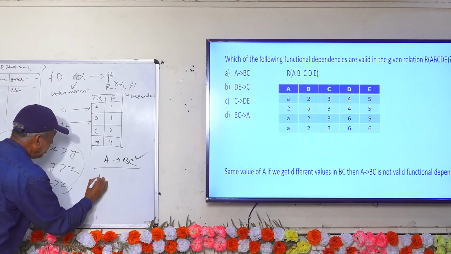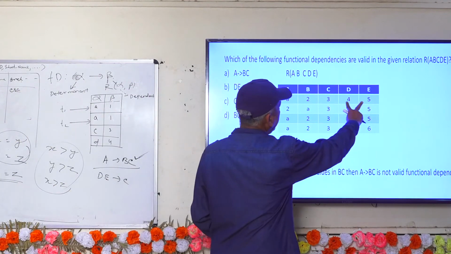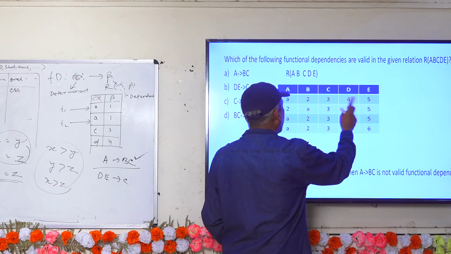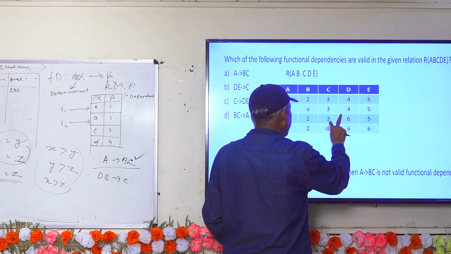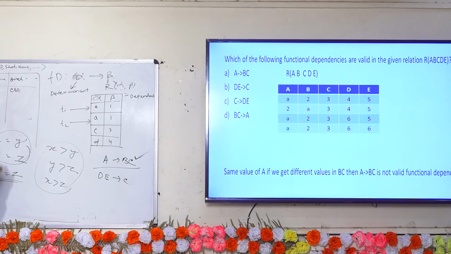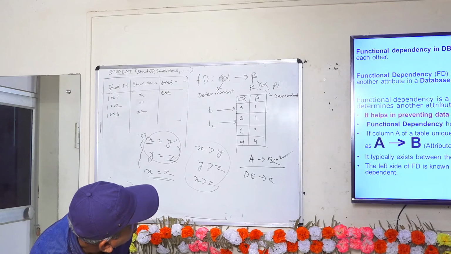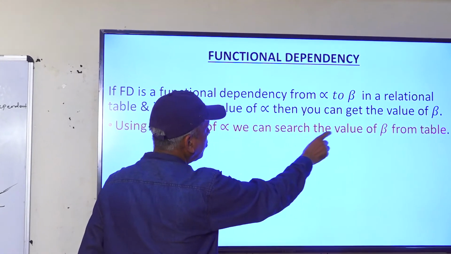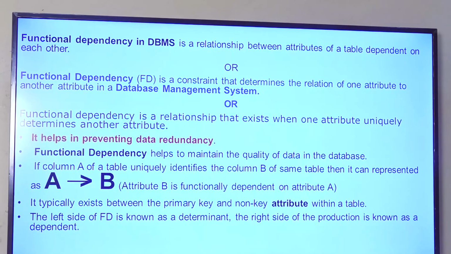Now come to this DE. DE produces C. Come to this one. DE 4, 5 produces 3. Then DE 6, 5 also produces 3. I have told you this in your alpha. Come back to this original one. Given the value of alpha, we can search the value of beta from the table.